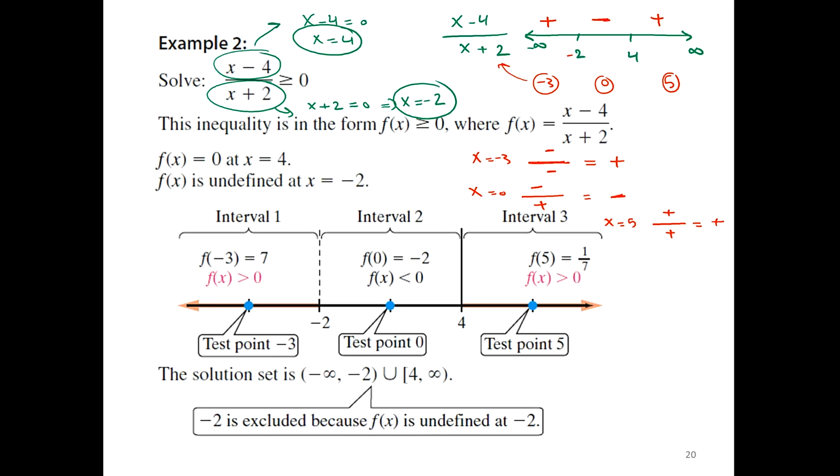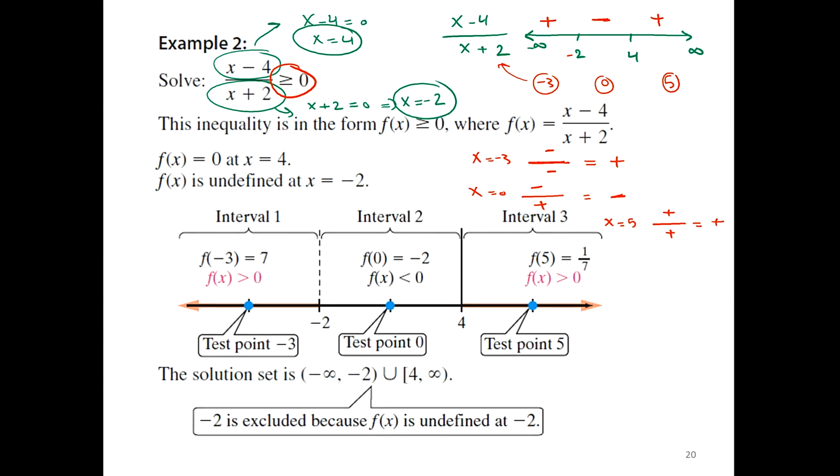Okay, so we need this fraction greater than or equal to 0. So we need the values of x that make this fraction positive. We need to find the values that make the fraction x minus 4 over x plus 2 greater than 0.